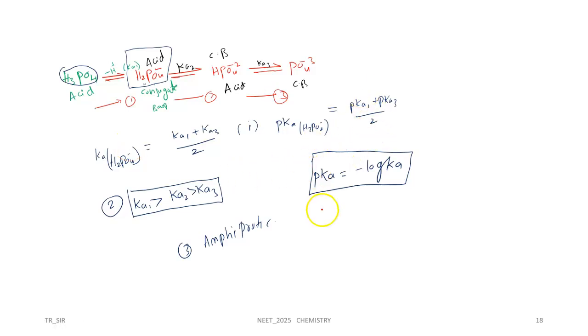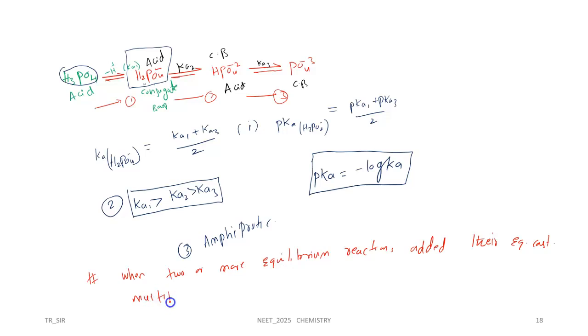If I add the three of them, the condition is that when two or more equilibrium reactions are added, their equilibrium constants are multiplied. So the overall constant K is equal to Ka1 into Ka2 into Ka3.